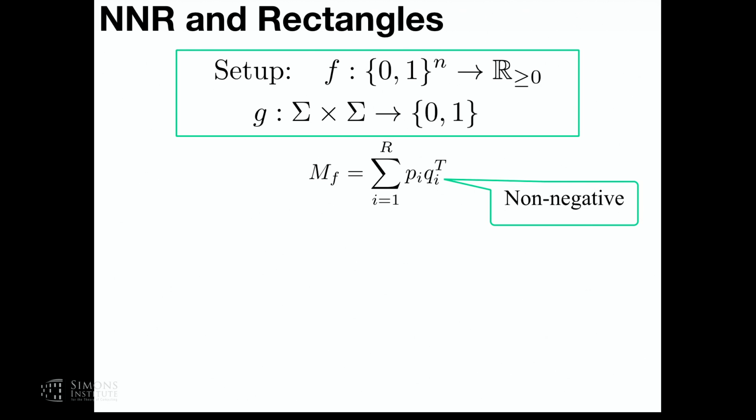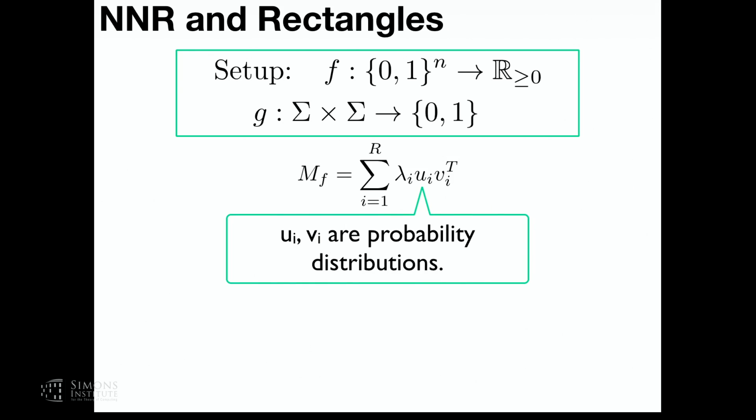Since these are non-negative, I'm going to normalize them so that these factors correspond to distributions on the rows and columns. By changing the scaling term, I can write M_f as the sum of lambda_i, the scaling term, times u_i, which is now a distribution on the rows, times v_i transpose, which is now a distribution on the columns.